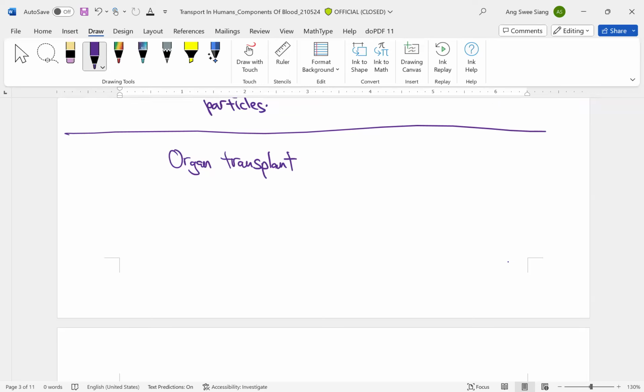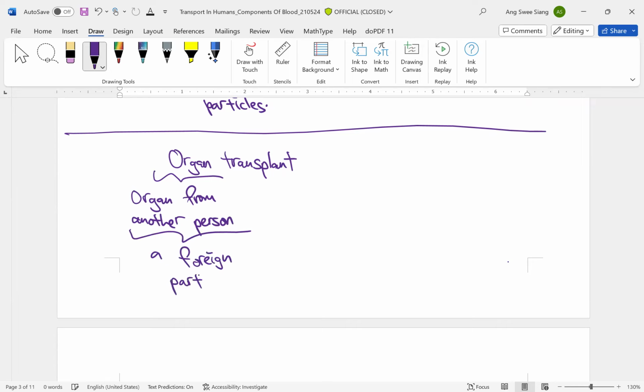You must understand that an organ from another person is considered a foreign particle by the white blood cells. So the white blood cells will attack.